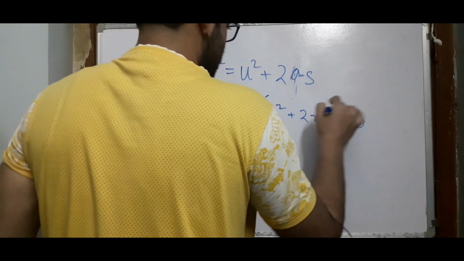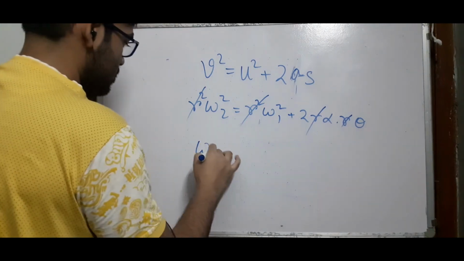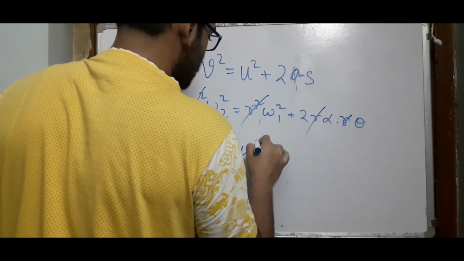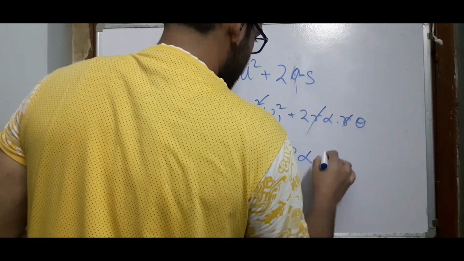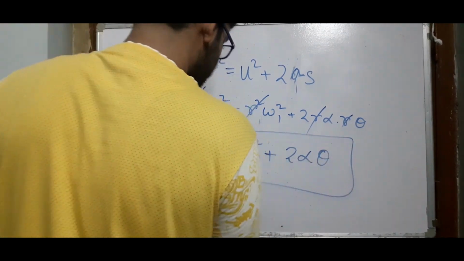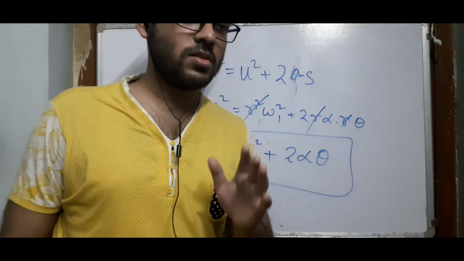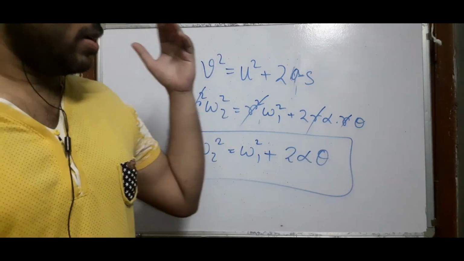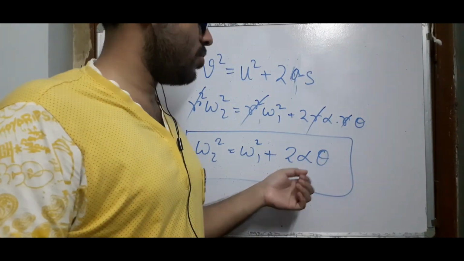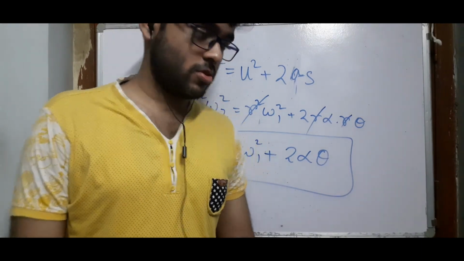Go ahead and cancel r square from both sides. You will arrive at its rotational analog. So these are very simple equations but profound equations. We will use them as much as we can while dealing with numerical problems. So remember this in mind.